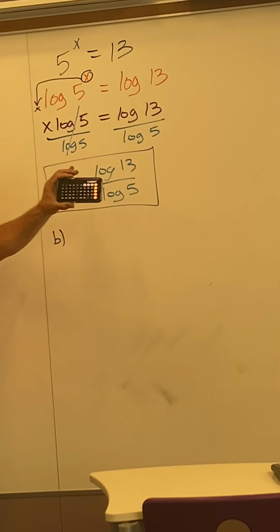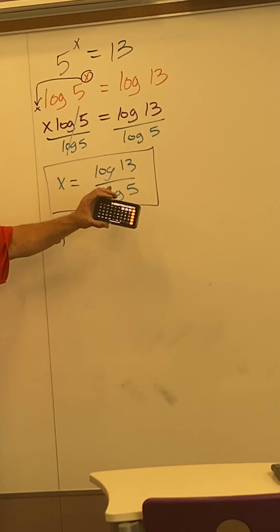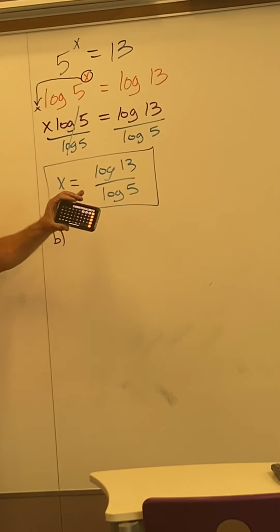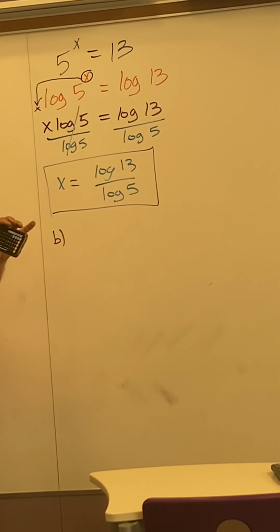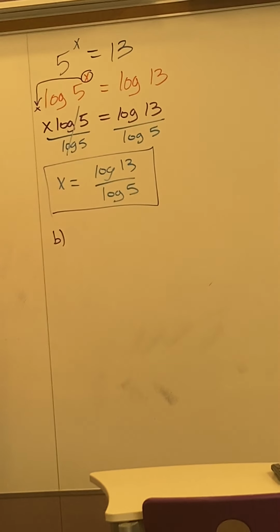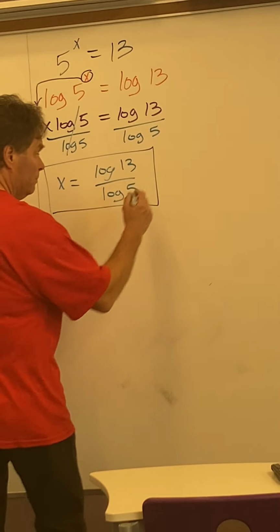So it's displaying log 5 right now. If I wanted to actually perform the division that I just hit, I have to hit equals, and then it will actually do the division. So I hit equals, and I get 1.59369, and so on. To 3 significant digits, it's going to be 1.59. And that's how you do it.